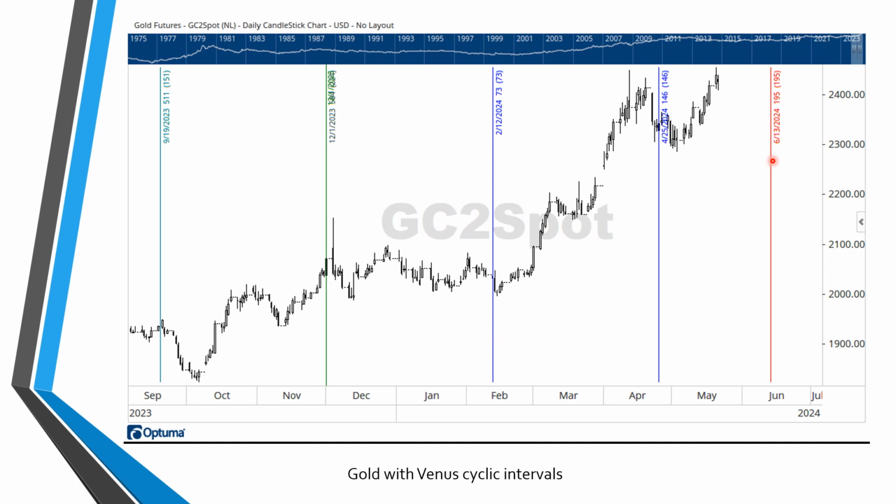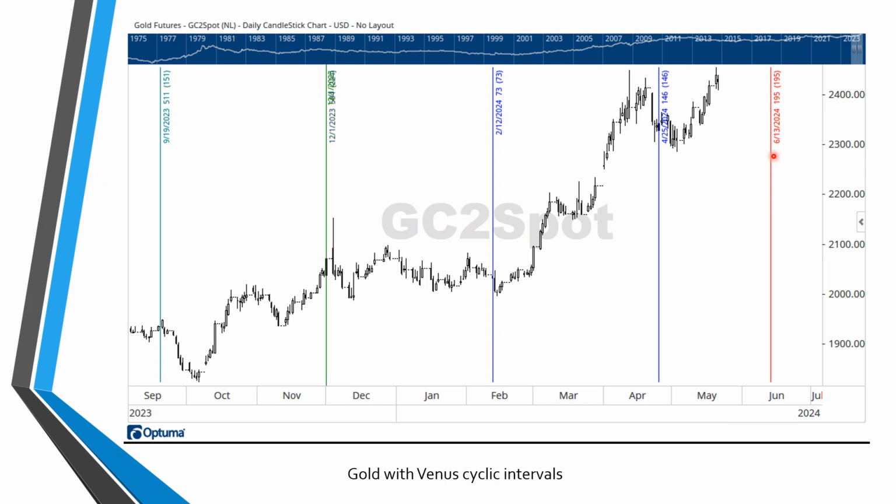But look what we have coming. 13th of June, we have a Venus 195-day increment. So according to Gann, that is 33.3% of the overall Venus 584-day synodic cycle. So look for something potentially to happen in the middle of June with regards to gold.